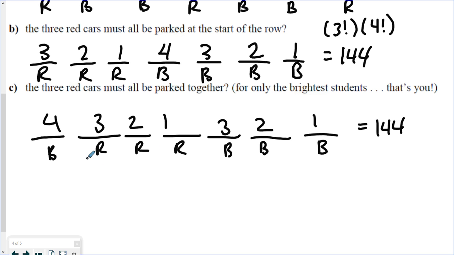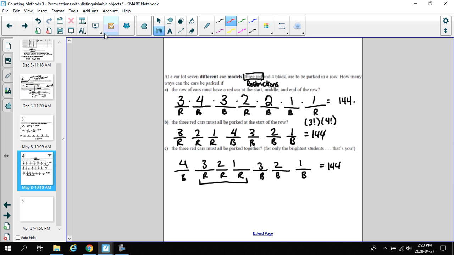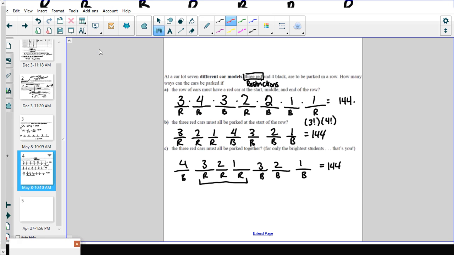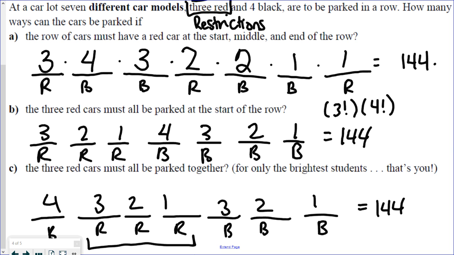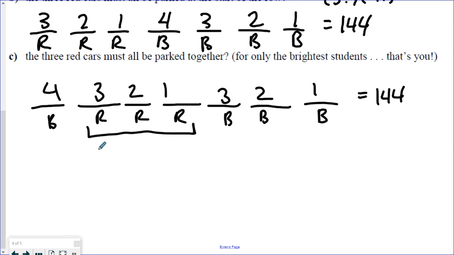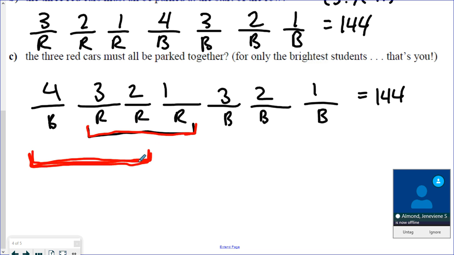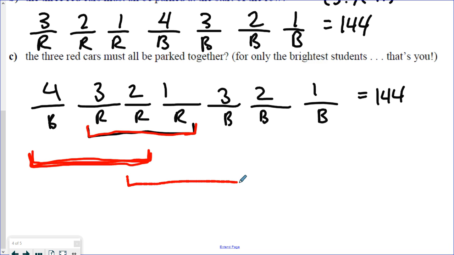But now we have my 3 red cars together. We have them right now in positions 2, 3, and 4. We could also move the red cars to positions 1 through 3. We could also move the red cars down 1, so we could have them in positions 3, 4, and 5.